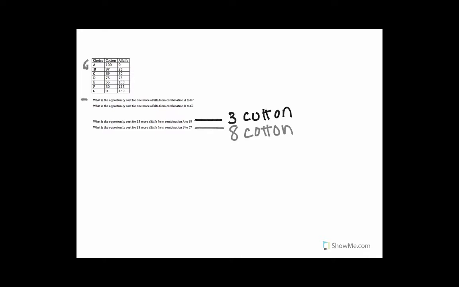Okay, so when we move from 0 to 25 alfalfa from A to B, and we move from 100 to 97 cotton, we've gained 25 alfalfa. I'm just going to put it as an A. And we've lost 3 cotton. So we figured that out in the last problem.